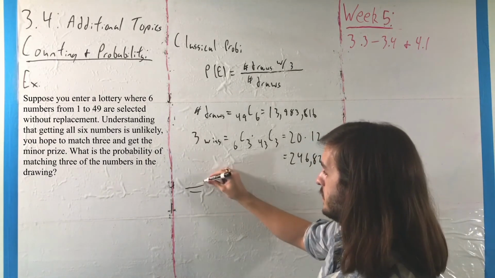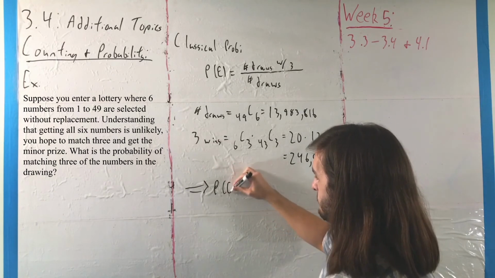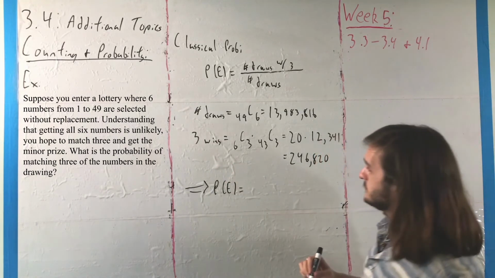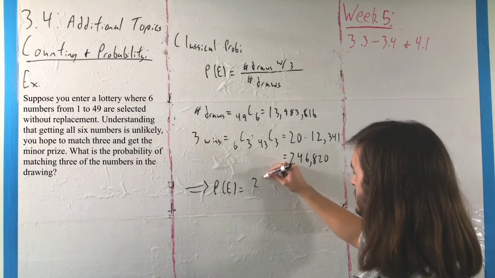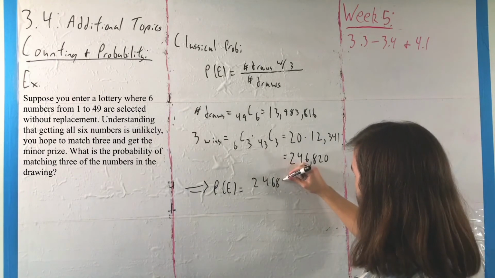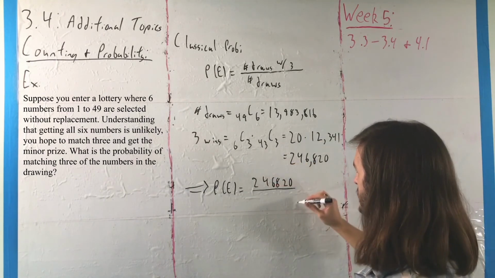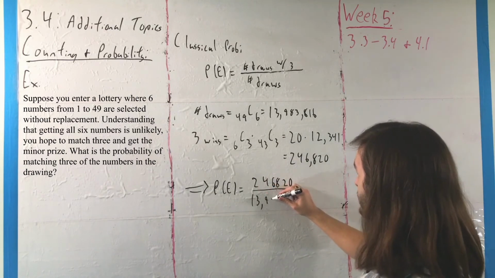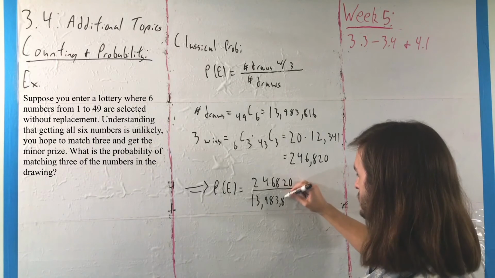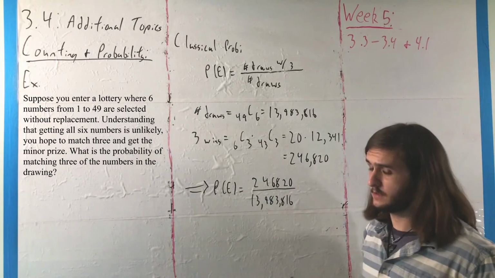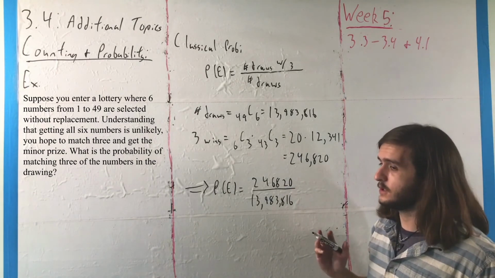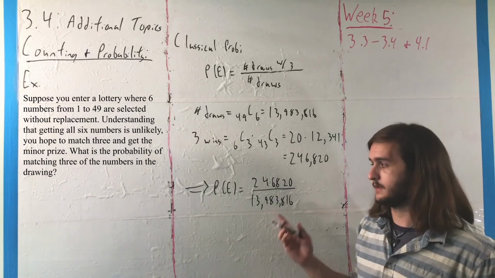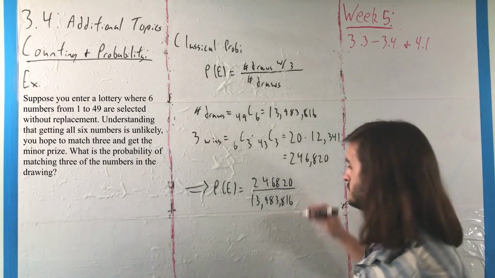Because if we want our total probability, it would be that seemingly large number of 246,000, but divided by the considerably larger value of about 14 million. 14 million is a bit bigger. You don't need to spend as much time as I have doing math to figure that one out.